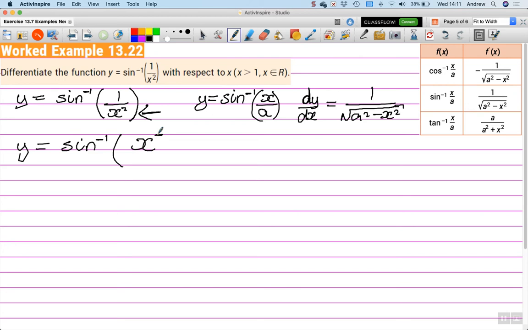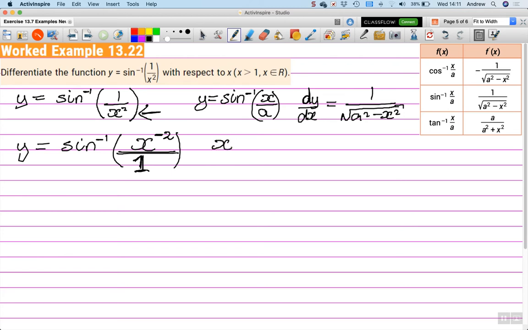And when we bring it to the top, then the power becomes a negative. Now, when there's apparently no number on the bottom, same as the very first example today, we put a 1 on the bottom because that's technically what is there.